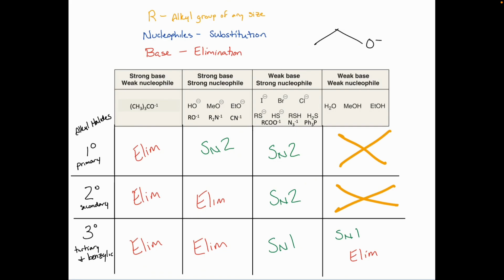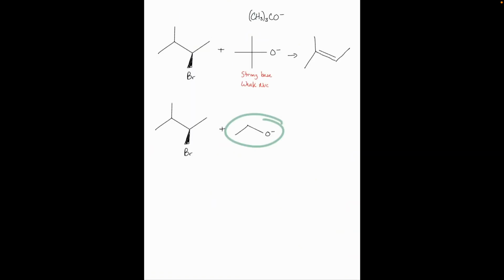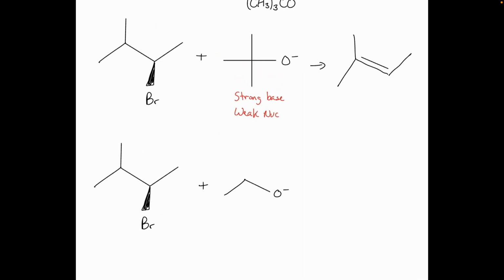First of all, the EtOH stands for ethyl, but it can be any length. It doesn't just have to be an ethyl group. So this top one was a strong base but a weak nucleophile, and down here, this is a strong base and also a strong nucleophile.